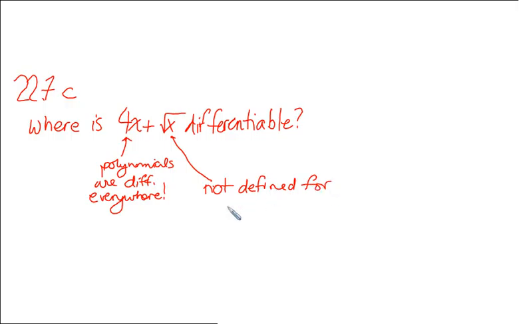First, it's not defined for x less than 0. And we also had a differentiability problem. What happened and where?